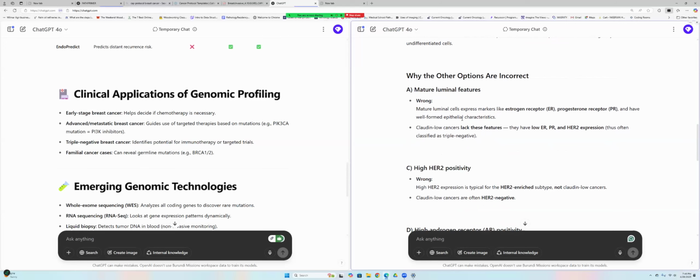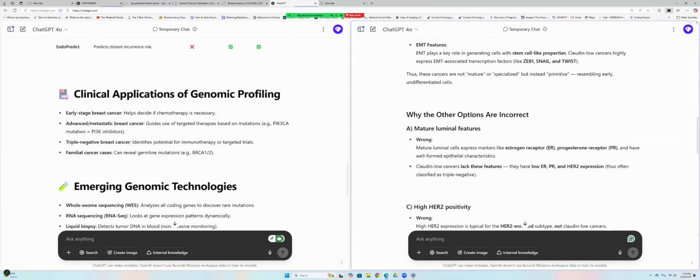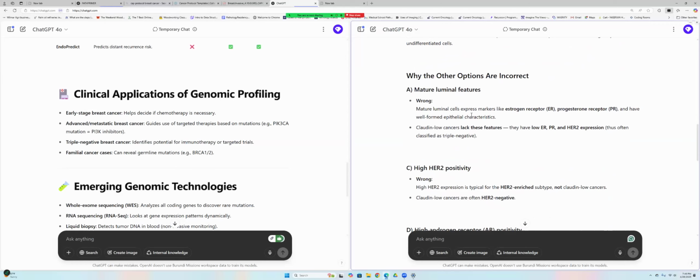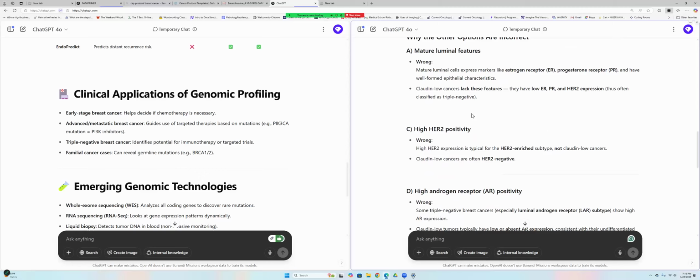So claudin-low breast cancers, since they have stem cell-like properties, do you expect them to be ER positive, PR positive, or not? Will they be ER positive or negative? They are poorly differentiated, so they will be negative.